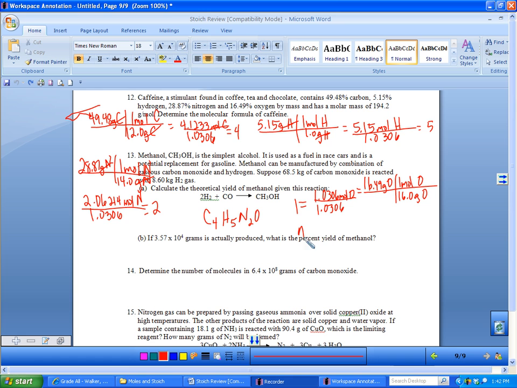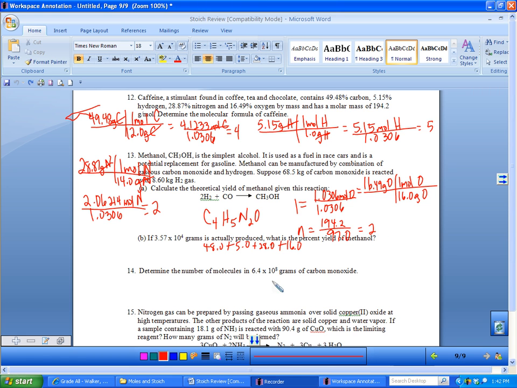So I'm going to say, well, I need that multiplier. It's the molar mass of the molecular, which is 194.2, divided by this empirical mass. So I have 48 for my carbon, 5 for my hydrogen, 28 for my nitrogen, and 16 for my oxygen. 16 and 28 is 44. 44 and 5 is 49. 49 and 48 is 97.